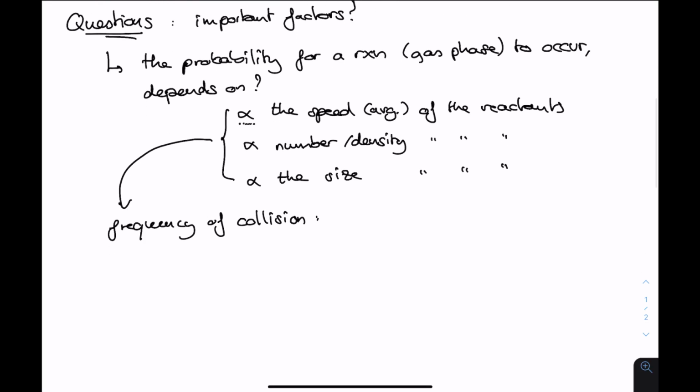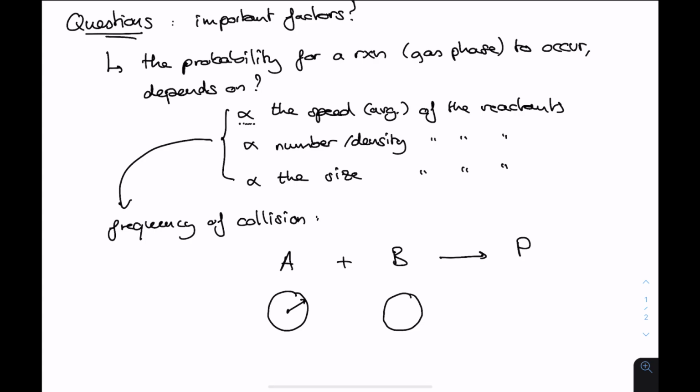So let's look at it a bit more graphically. If we have A plus B gives product P, and let's say this is a molecule, and we have a certain radius of A and a certain radius of B, so the size. Of course the product will be larger.